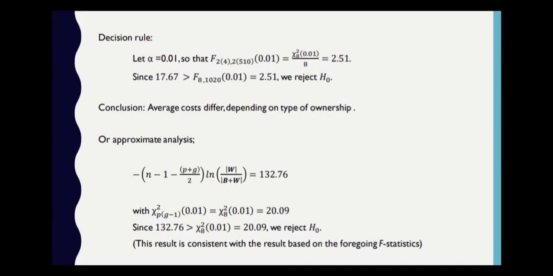Okay, so we compare it with F. In your table 6.3 earlier, we compare with F, this one, F with 2p and 2 summation of n_l minus p minus 2 degrees of freedom. You will get 510. Okay, the value is 2.51. So the value of F, actually, why they do it like this, it can also be converted into chi-square form.